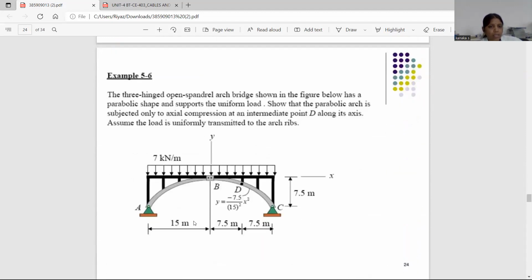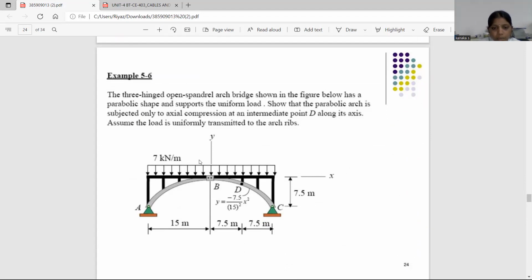So this is a three-hinged circular arch, an example of bridges. In the figure below, there is a parabolic shape supporting uniformly distributed load. So the parabolic arch is subject only to axial compression at any determined point D along its axis. The assumed load is uniformly transmitted to the arch.